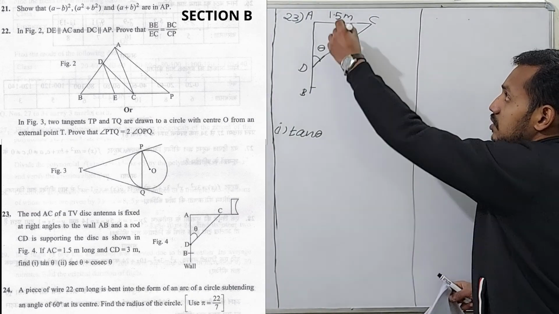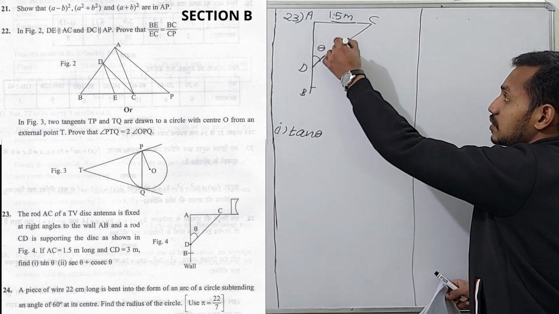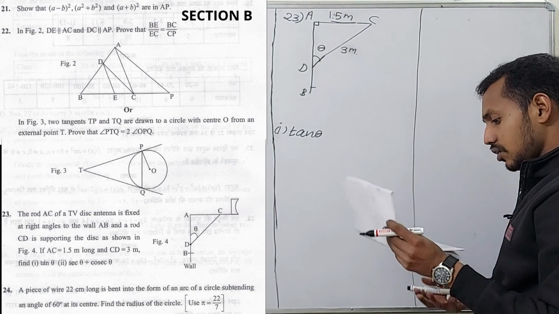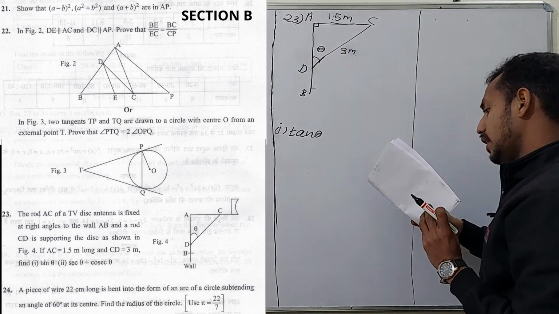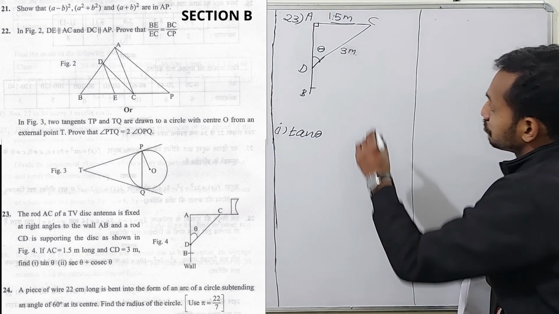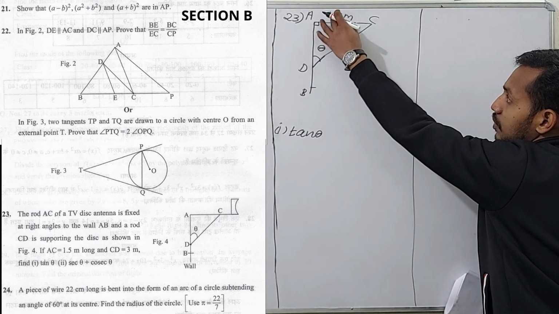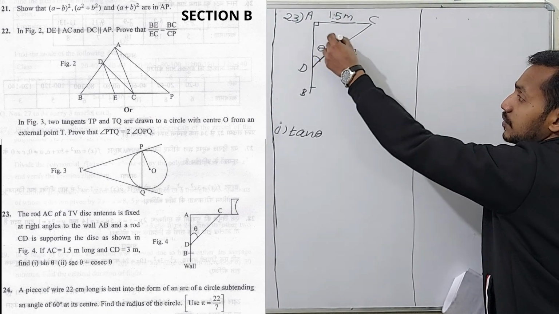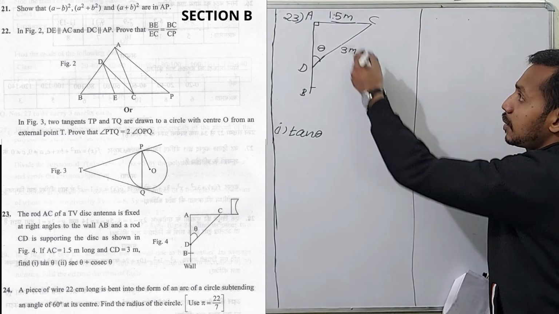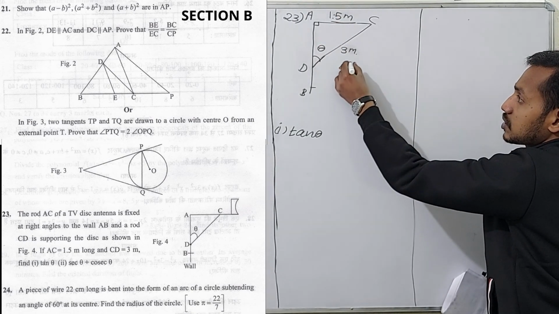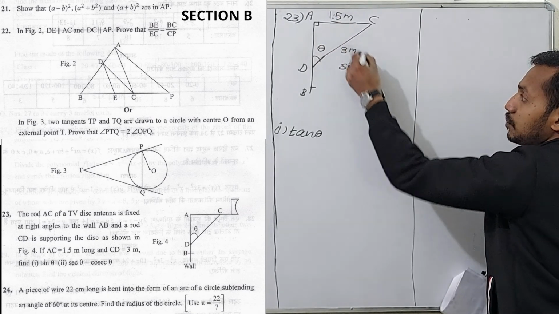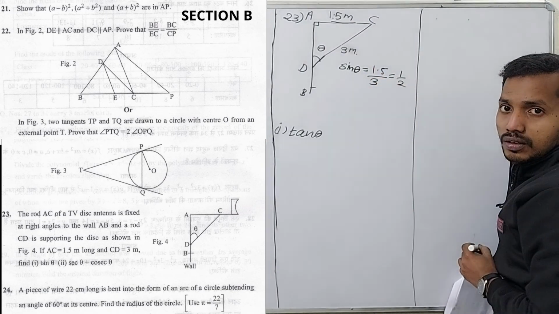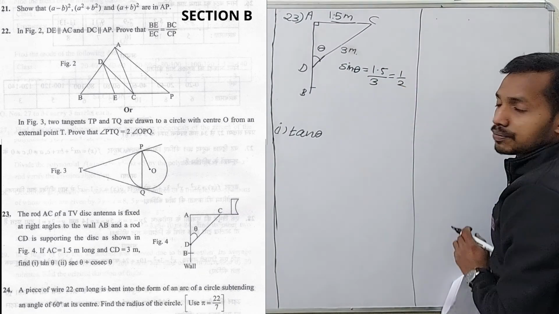Here the opposite side is given, and the hypotenuse is also given. This is 90 degrees, also mentioned in the question. Clear? Then AC is 1.5, so sine theta we can easily obtain. Sine theta is equal to 1.5 by 3, which is equal to 1 by 2, opposite by hypotenuse.